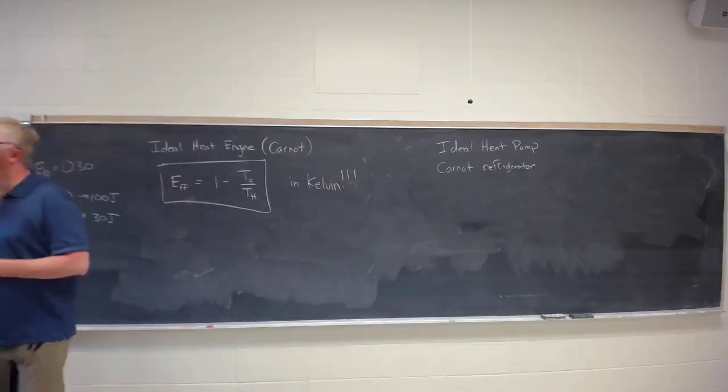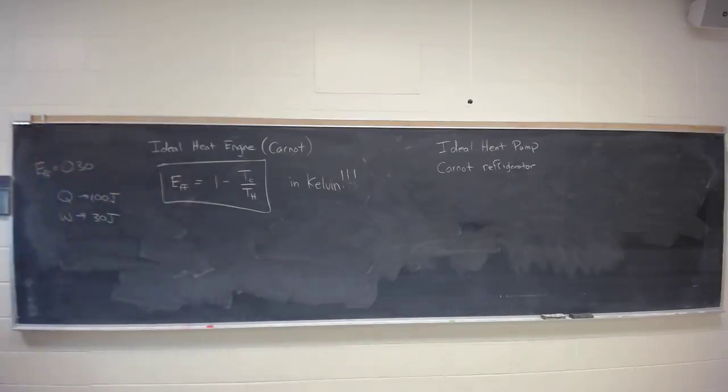Carnot refrigerator deals with what's called the coefficient of performance. And again, I want to make sure that I use the right variables. Doesn't have it in terms of temperature, that's interesting. Where does your book have coefficient of performance? Pumps.